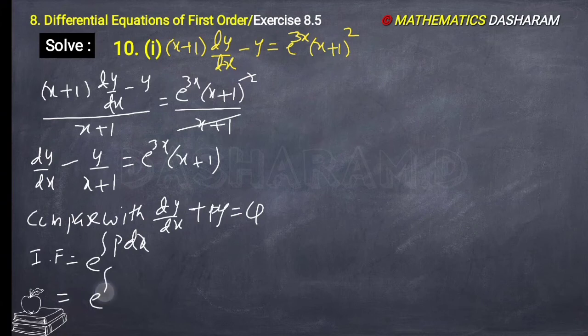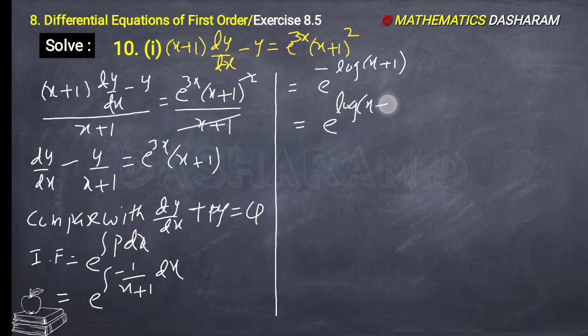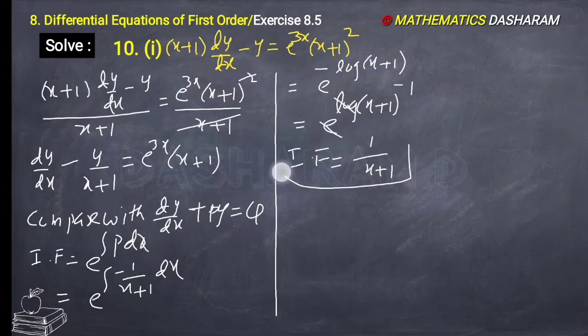So e to the power of integration, the p value is minus 1 by x plus 1 dx. So it is equals e to the power of minus log x plus 1. So e to the power of log (x plus 1) whole power minus 1, e and log cancel, then the integrating factor is 1 by x plus 1, because here minus 1 is there, it will become 1 by x plus 1.